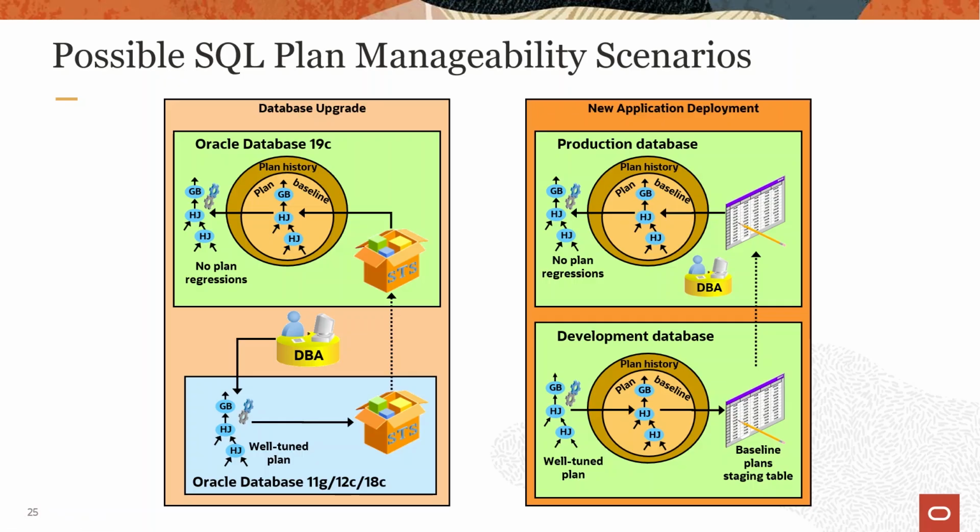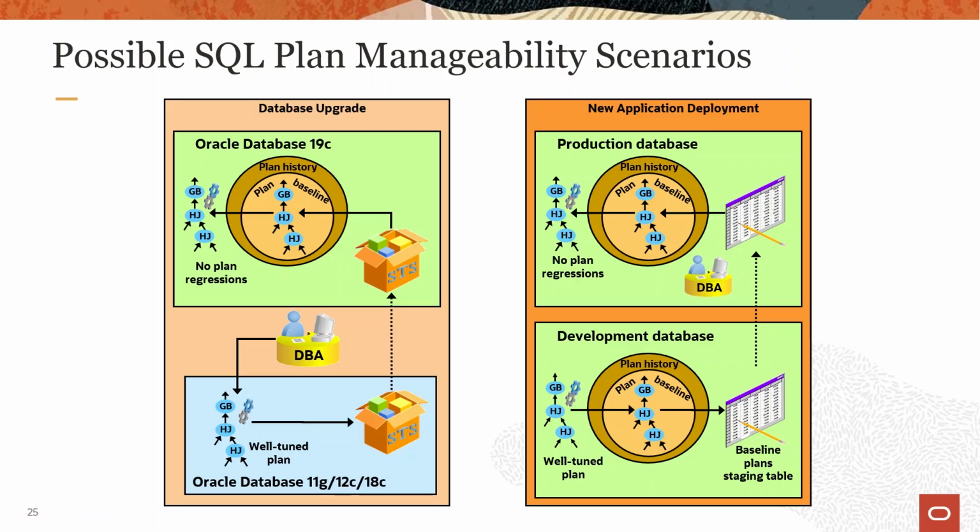Well, what you can do is the following. You have your database 11G, 12C, or 18C. Your application is working upon it, it generates execution plans, and we are happy with those execution plans. We can then create an SQL tuning set that holds the SQLs launched by your application and their execution plans being used in your 11G, 12C, or 18C database.